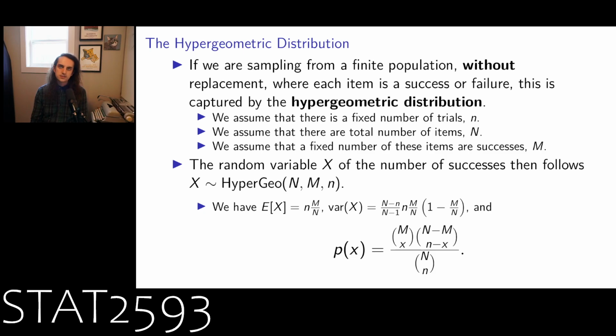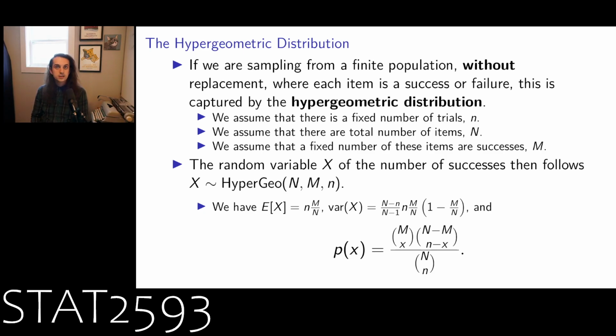With the variance, you can see that we have this term out front, (N minus n) over (N minus 1), but then we have n times what looks like p times (1 minus p), where again m over N is what we're thinking of as p. This term out front is what we would call the finite population correction factor. When we were looking at the binomial distribution, we had said that if you're sampling without replacement, then it's not going to be quite right, and this is why it's not going to be quite right.